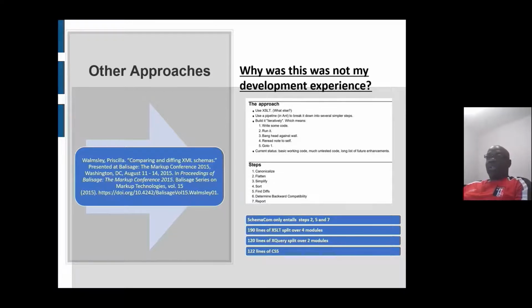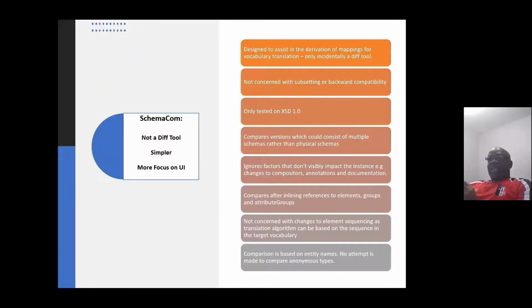So it's interesting to see why we're able to do that. And really, the main point is that SchemaCom is not a diff tool. It entails diffing, because to work out what you need to specify in a mapping, you need to know what the differences are, but it's not a diff tool.